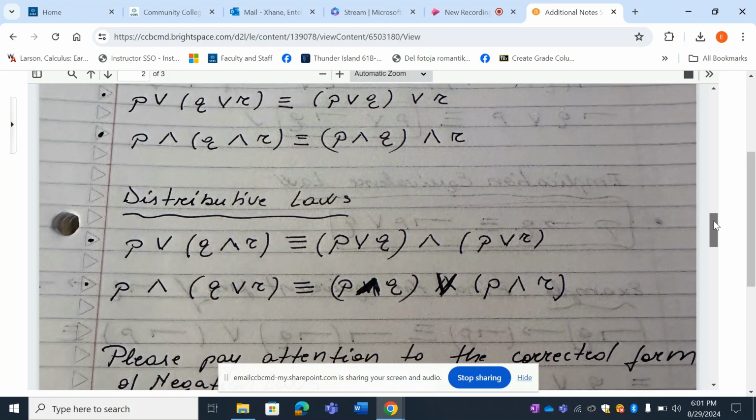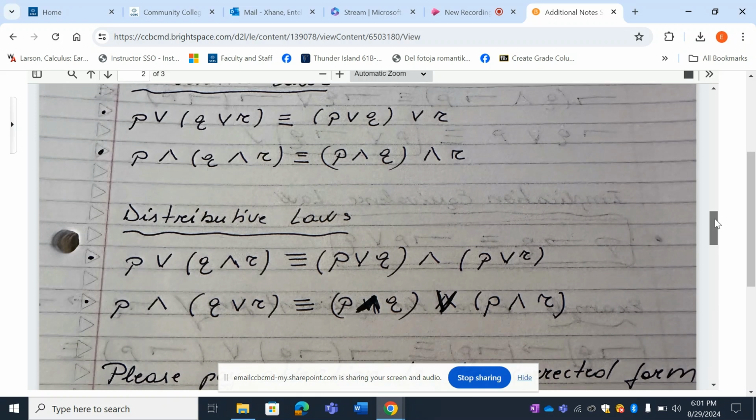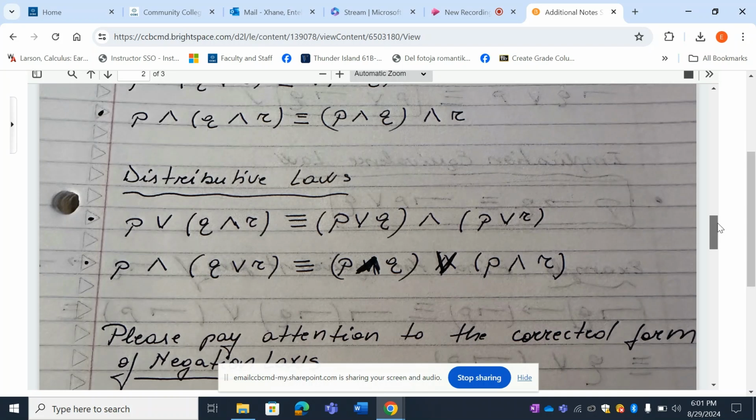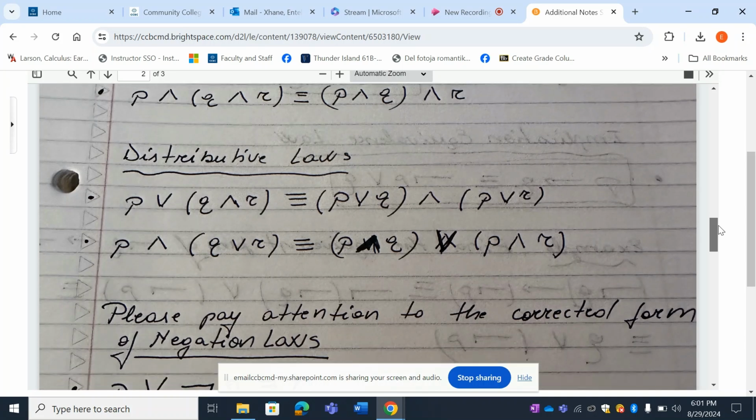So P or Q and R can be distributed into P or Q and P or R. And P and Q or R can be distributed into P and Q or P and R.